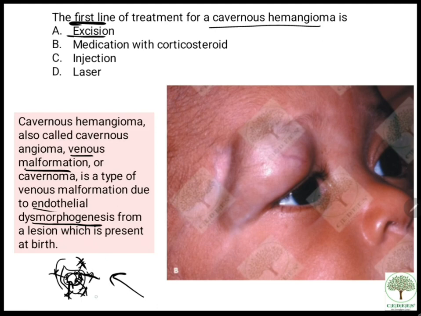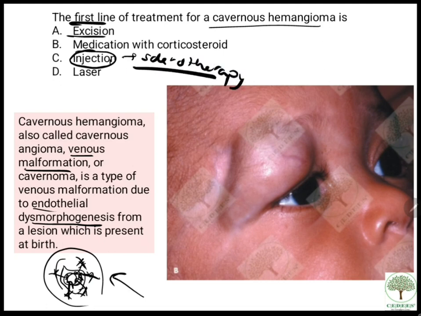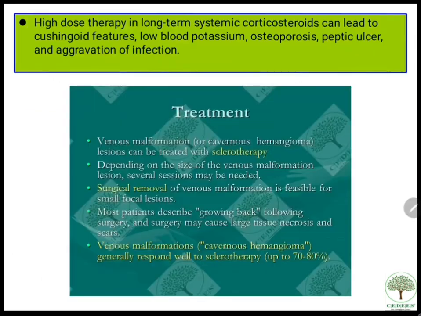These veins get scarred and all these abnormal feeder vessels collapse. So that is basically what sclerotherapy is. So injection with a sclerosing agent, or sclerotherapy, is basically the first line of treatment for such hemangiomas. Once the lesion collapses, it can then easily be excised without much bleeding risk.